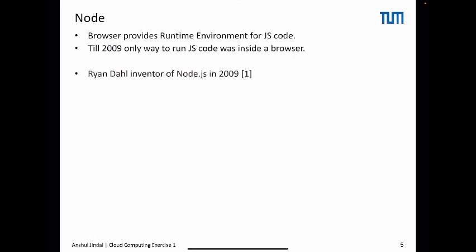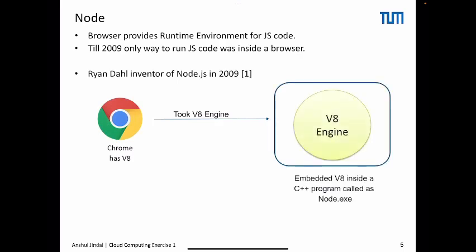But in 2009, Ryan Dahl, the inventor of Node.js, took the V8 engine from Chrome and wrapped it in a C++ program. This C++ program is called Node.exe. This is where Node.js originated. Now you can run code within this C++ program and use it on the server as a backend also.